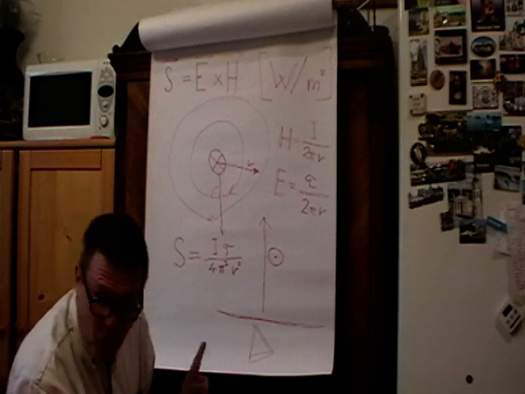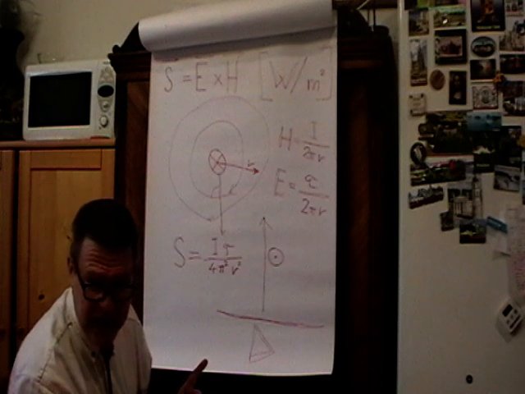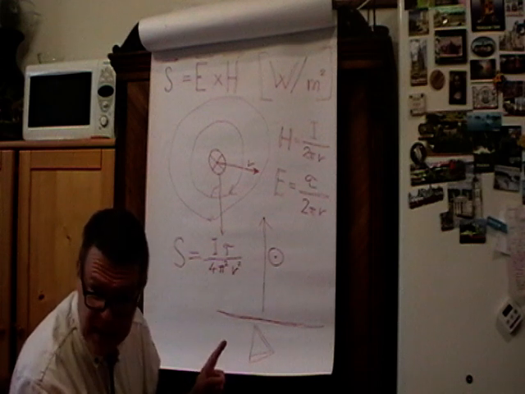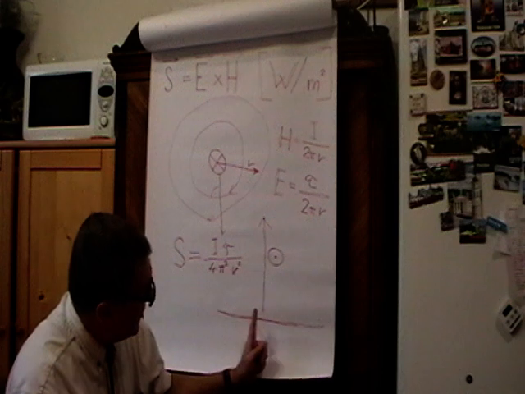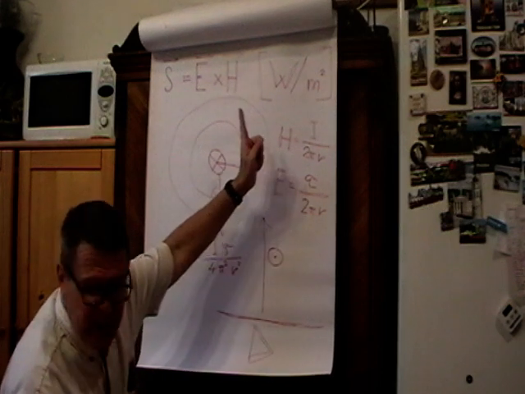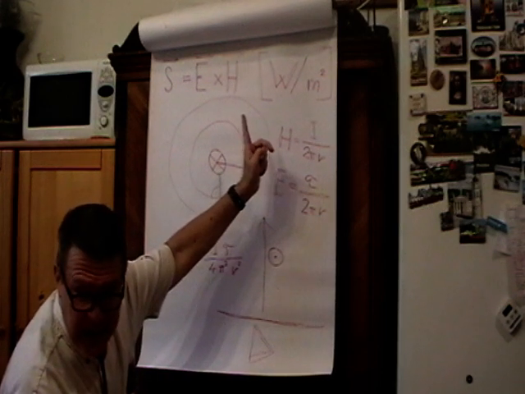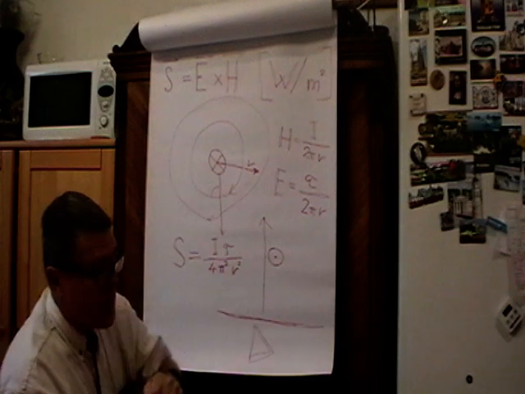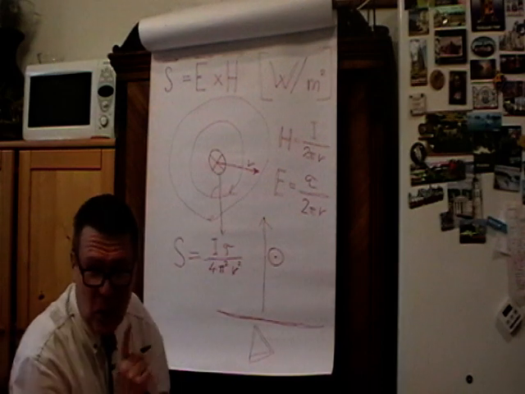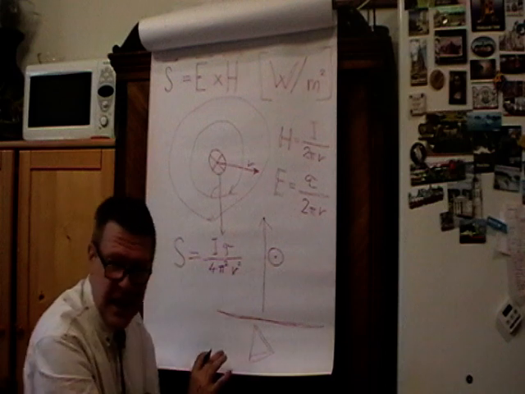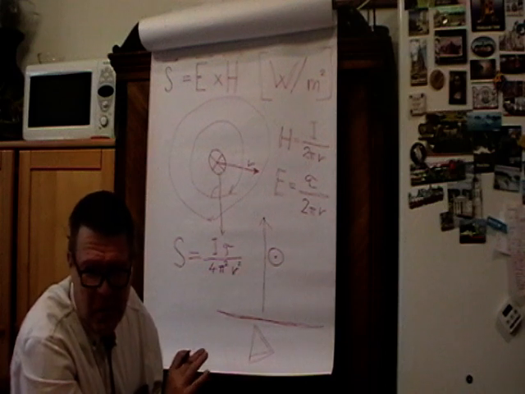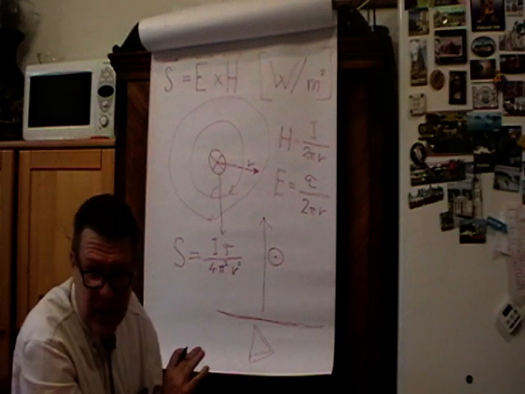So far we have only considered the case of a lossless conductor. So we have only perpendicular electric field strength and circular magnetic field. But what if this conductor is quite conductive but not infinitely conductive?